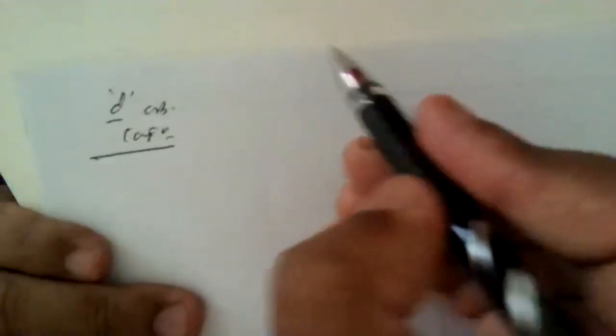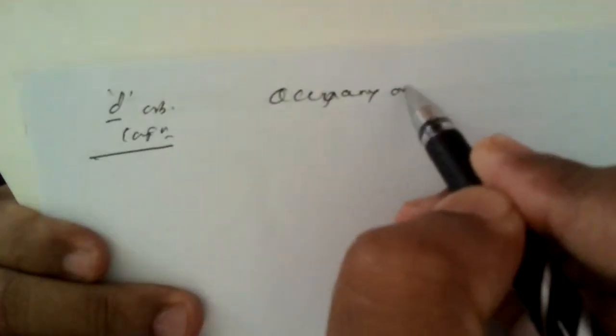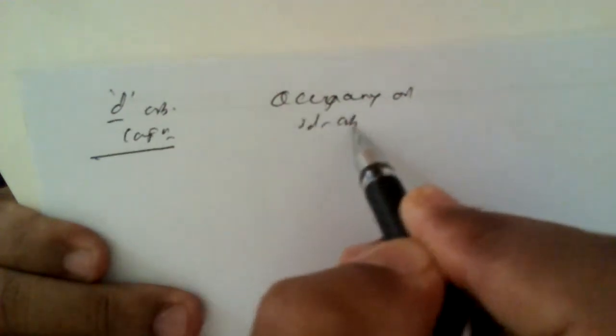Say for example, this is the first column, the d orbital configuration. Second column is the occupancy of 3d orbitals.